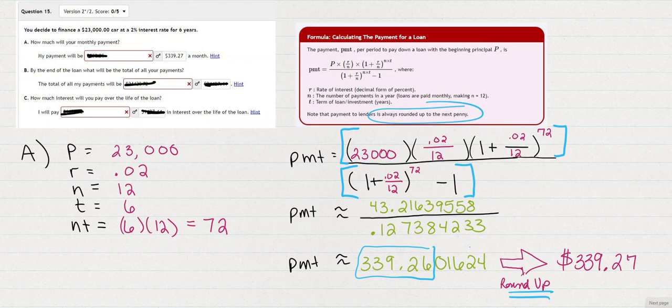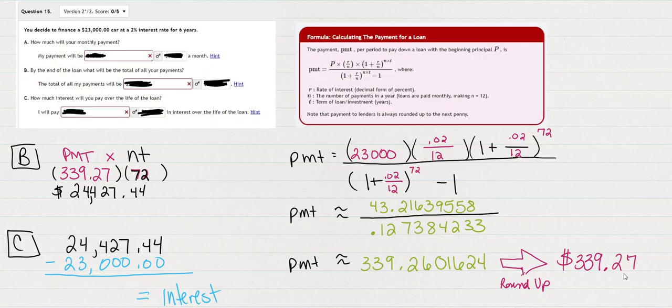Now, after that, I could use that payment, but let me say, you've done all this work, and if this payment amount wasn't correct, then your Part B and Part C are going to be incorrect also, right? So put this new payment in times 72 payments to see how much you pay all together over the life of the loan.